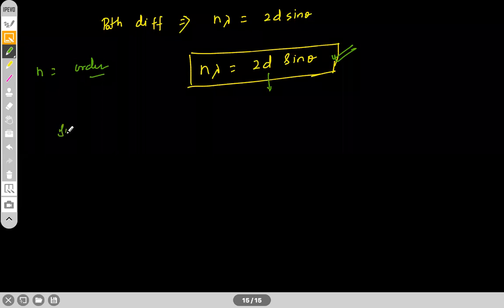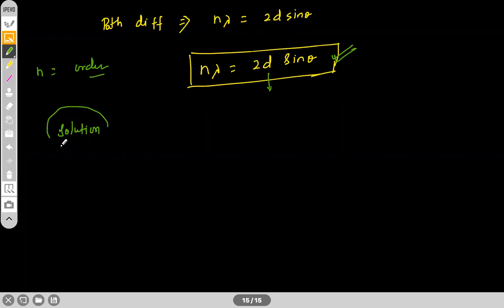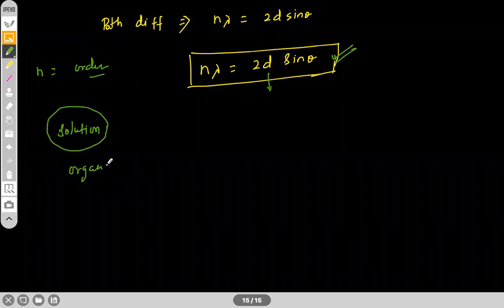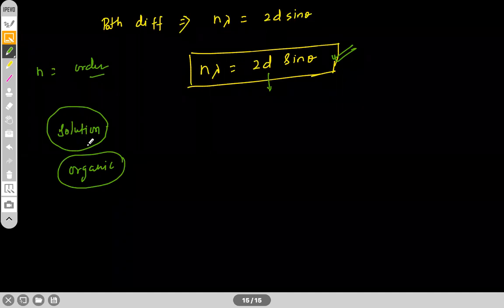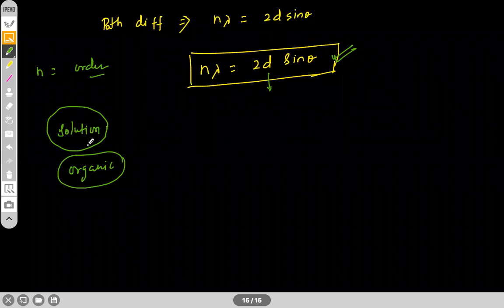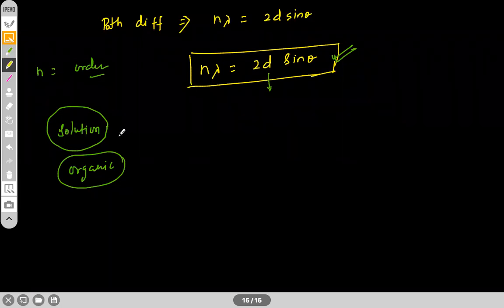Shall we start solution? Have you done this? Or any organic chapter? Tell me. Solution, right? Is it fine?